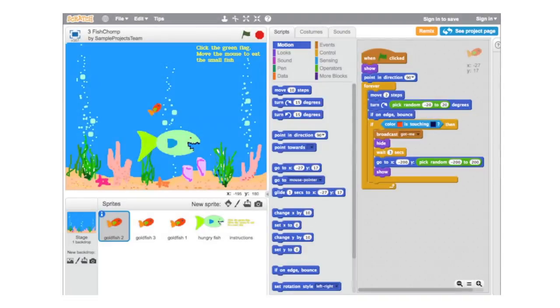So here we have a screenshot from the Scratch website, and what we can see is that on the right hand side, Scratch works by connecting blocks together, instruction blocks. On the left we can see the output, so the program or the animation or the game that the child creates. What's really amazing about Scratch is it doesn't just limit you to programming, I don't know, a turtle on the screen.